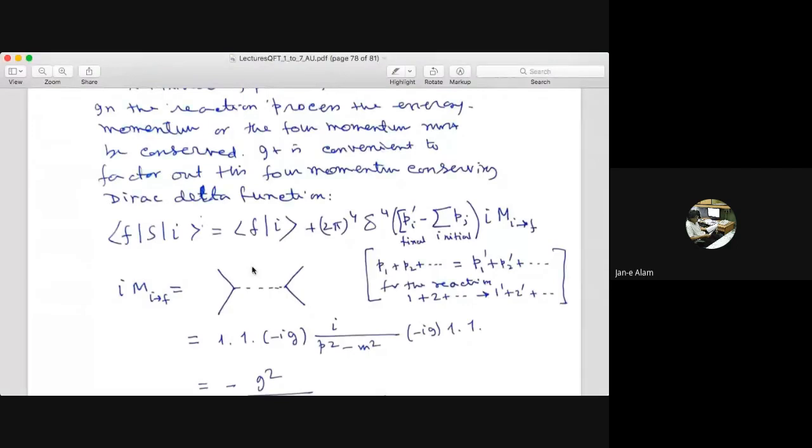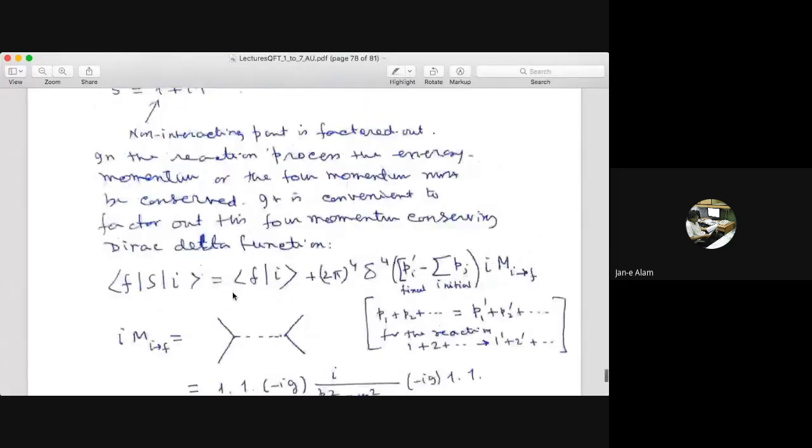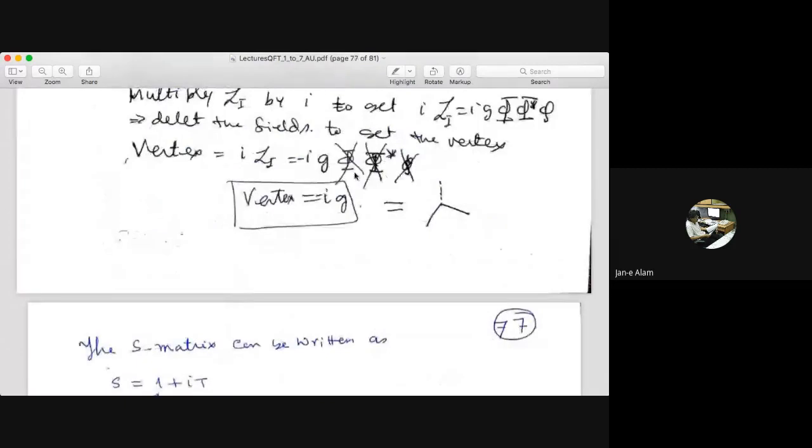This is the correct Feynman diagram. For each external line, I put a 1. Then I have the vertex, and the magnitude of the vertex is minus i g. You see, that is how we got it: I multiplied by i and deleted the field, leaving minus i g.